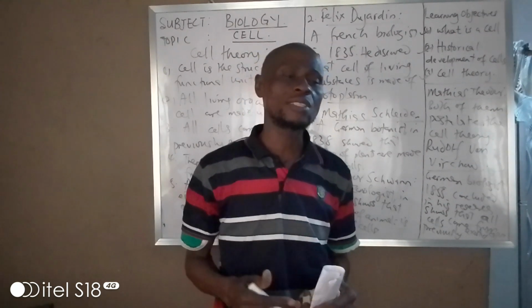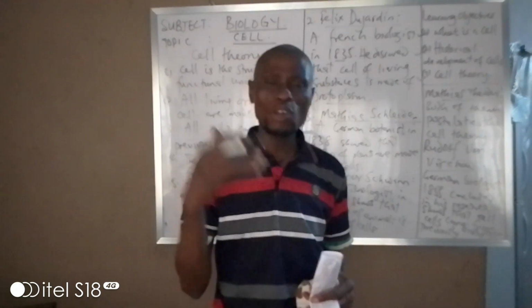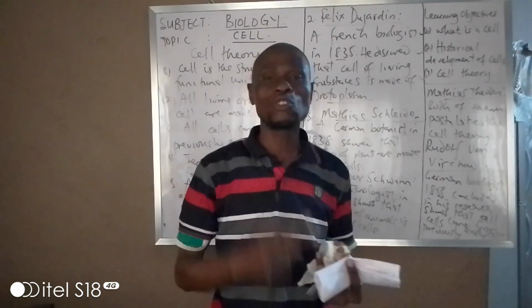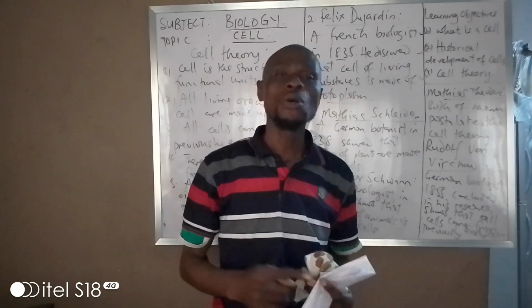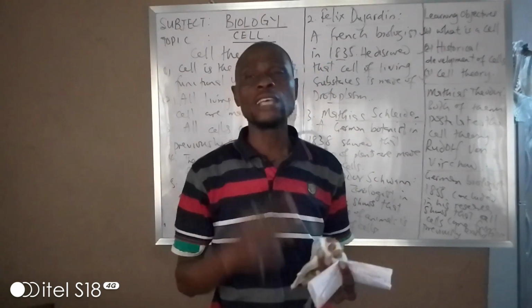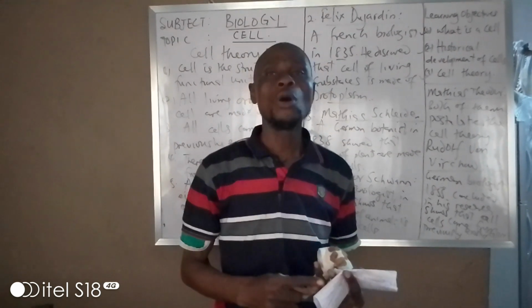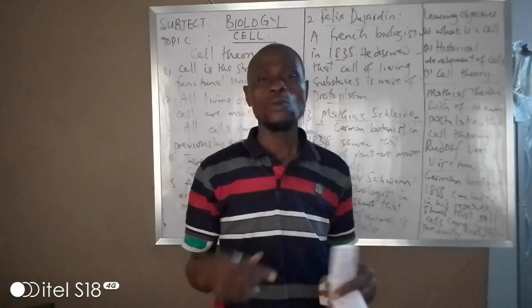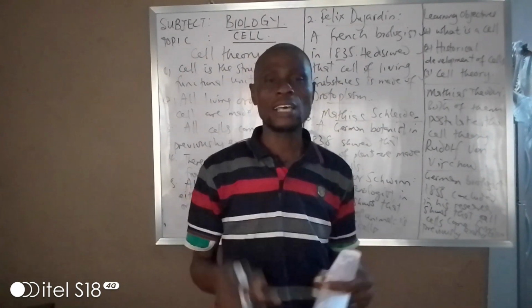Probably we are going to look at the cell structure and the function of each of these structures inside the cell, such as the cytoplasm, the cell wall, the cell membrane, the vacuole, the mitochondria, and all the other cell organelles.